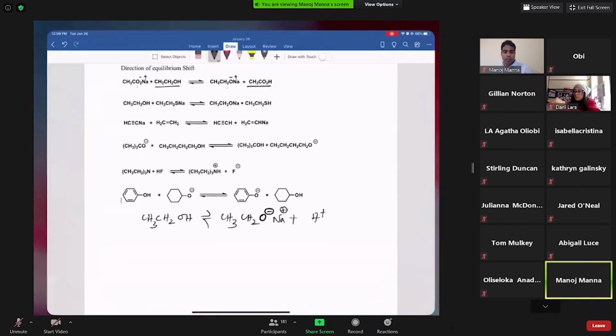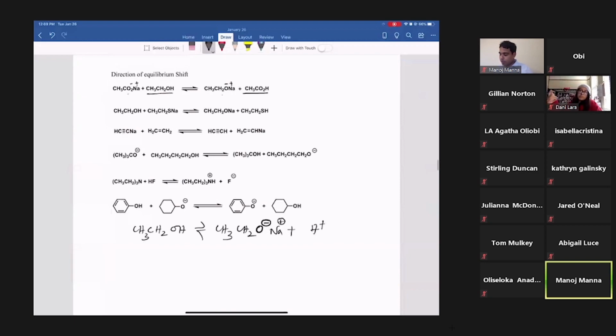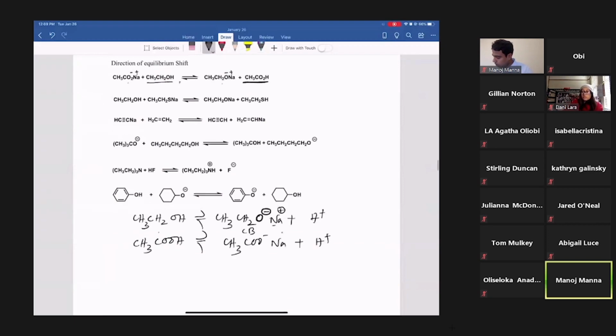So what I was saying is, if I want to find out which direction the equilibrium will shift, first let's take this molecule, ethanol. If you remove H plus, we get the corresponding conjugate base, with sodium plus as a counter ion. Now if you take CH3COOH, it will dissociate to give CH3COO minus plus H plus, and we have a counter ion, Na plus, over here.